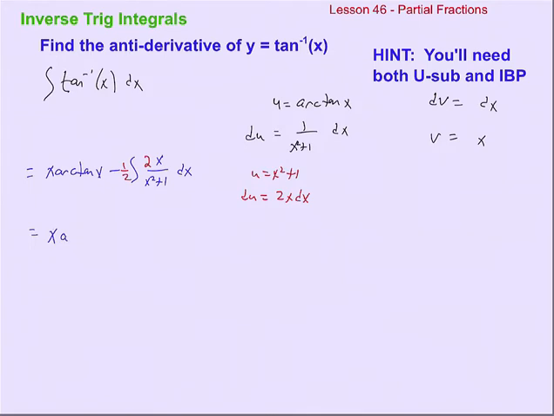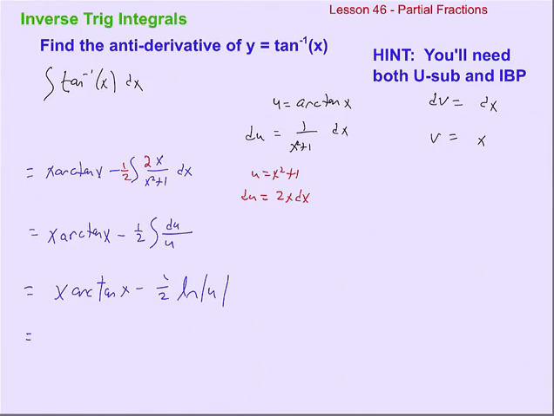So this original antiderivative is equal to x times the arctangent of x minus 1/2 the integral of du, that's the 2x dx, over u, that's the x squared plus 1. And the integral of du over u, well, hopefully you're recognizing that one, that's just the ln of the absolute value of u.